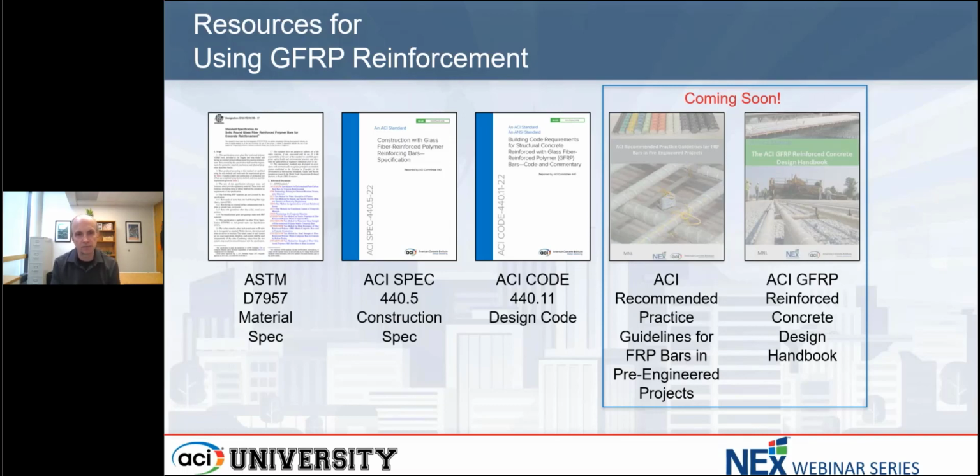We have construction specifications, and now with the publication of ACI code 440.11, we have building code requirements for FRP, and then we're also backing that up in the very near future with some good practical guidelines for the use of FRP reinforcement. So what I really want to spend a little bit of time talking about are these resources that are now available and how they can really help us utilize this material in a practical way out on the job site.